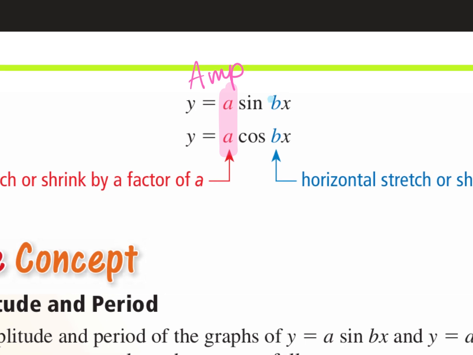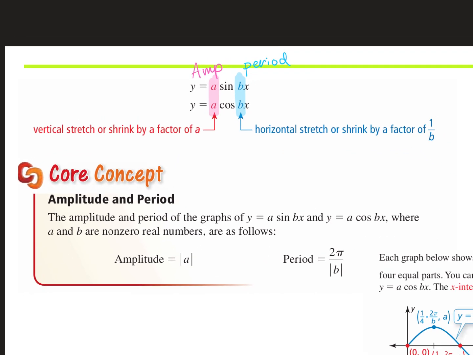And then whatever gets multiplied to x, this number helps us with the period. So our period is 2 pi divided by b. So that's the number that gets multiplied in front of x. We just take 2 pi and divide it by that number.